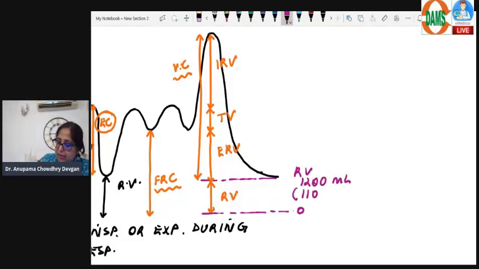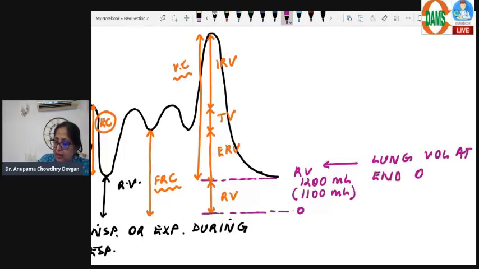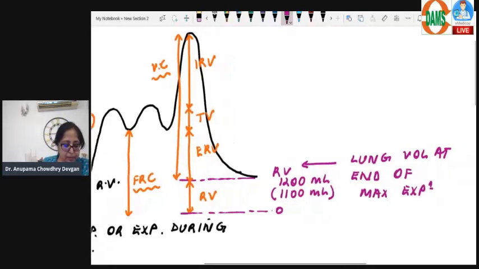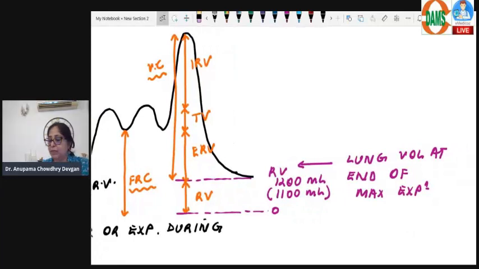And 1100 ml in the case of females. And what is this residual volume? Residual volume is the lung volume at the end of a maximum expiration.